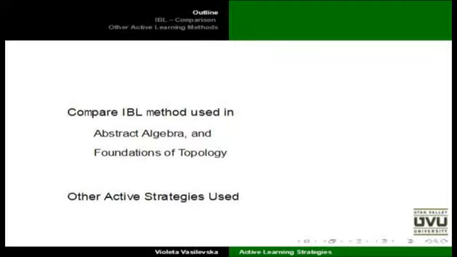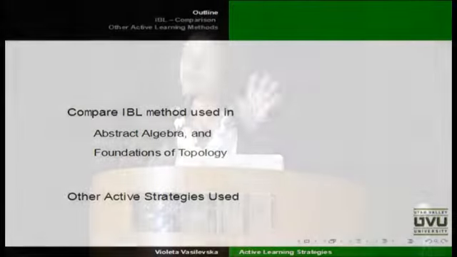So first, I just want to tell you what I use for my abstract algebra and foundations of topology, what kind of notes, and what I cover before I start comparing them. Before I go further, I just need to tell you that I taught abstract algebra at the University of South Dakota, my previous institution, and foundations of topology at my current institution, Utah Valley University.